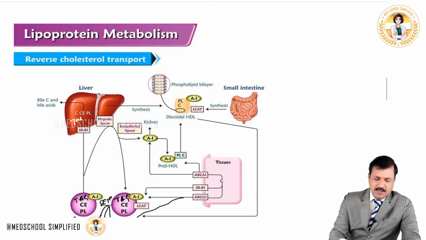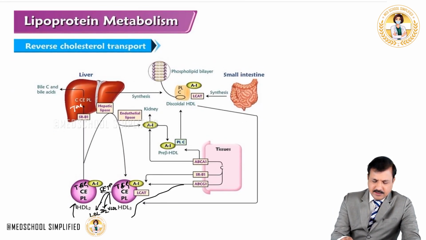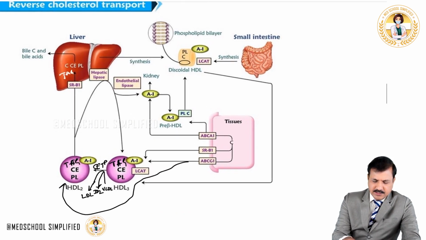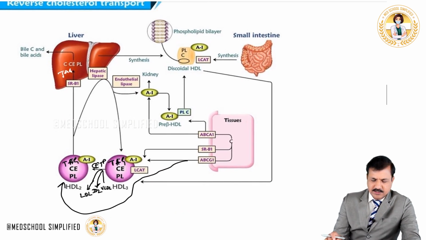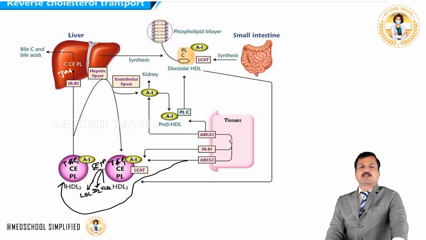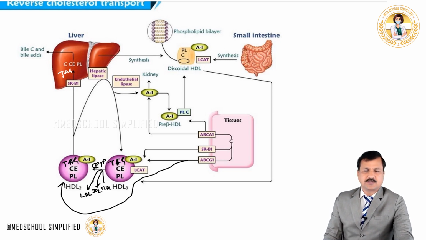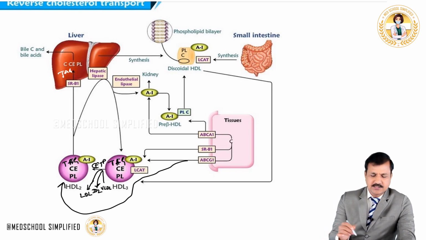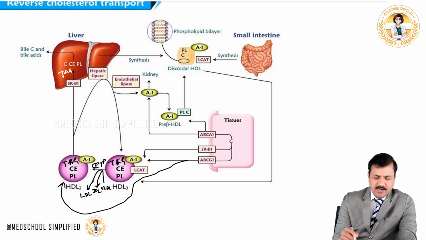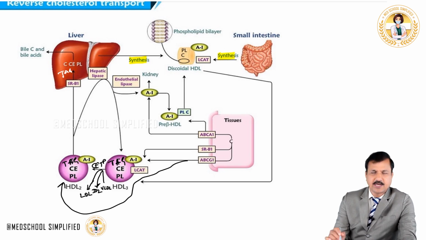Now, let me explain in detail using the figure how HDL metabolism is going on in the circulation. Let's begin with the synthesis of HDL. As I said before, HDL is synthesized by the liver, by the intestine, and also in the circulation.